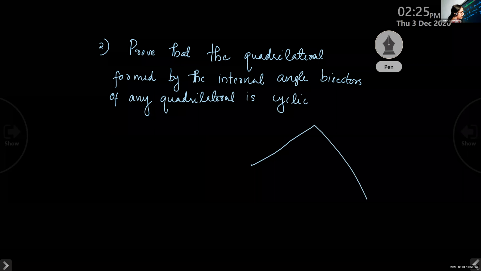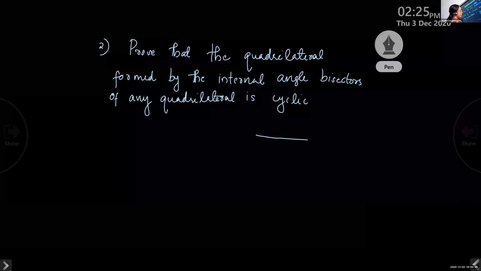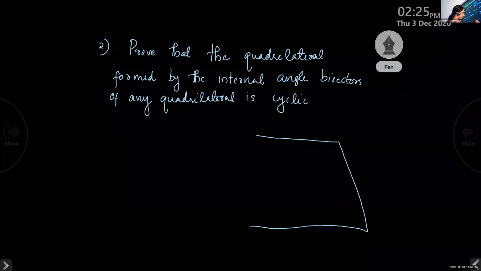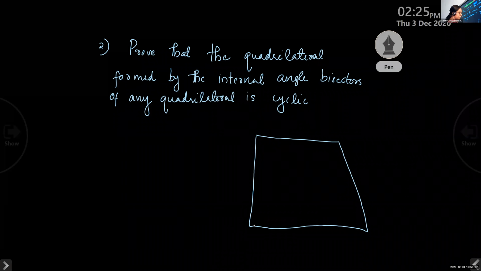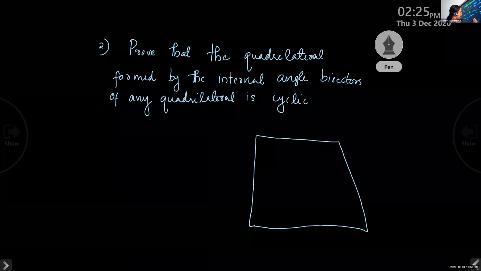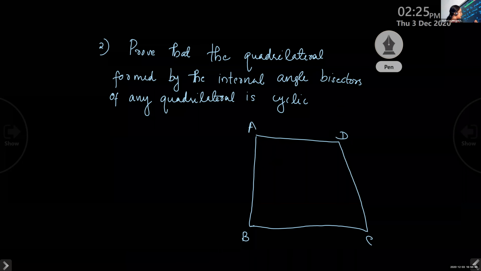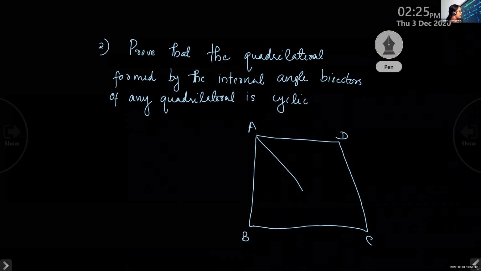Okay, children, there is a quadrilateral. Quadrilateral means you don't take any parallelogram, square or rectangle like that. All the sides are different, children. So a simple quadrilateral ABCD, and we are drawing the internal bisectors. Did you draw the figure, children?